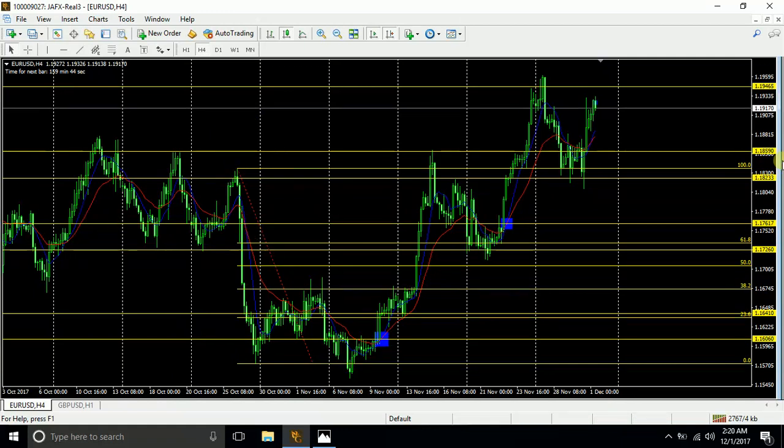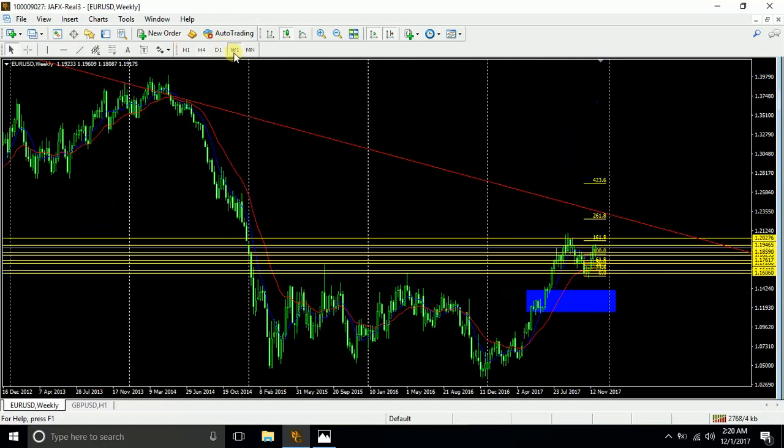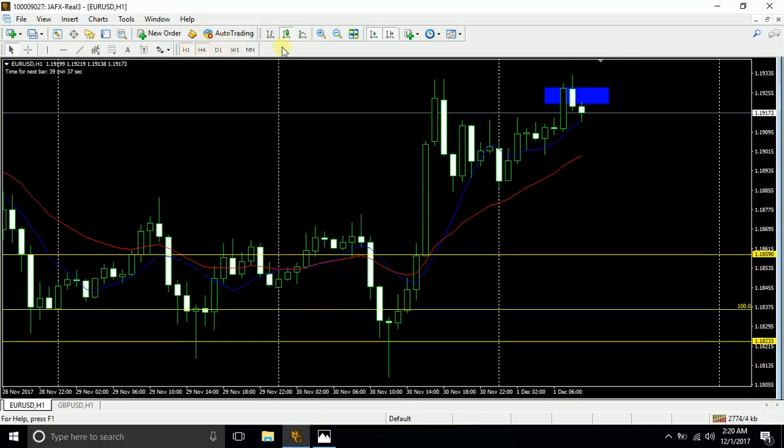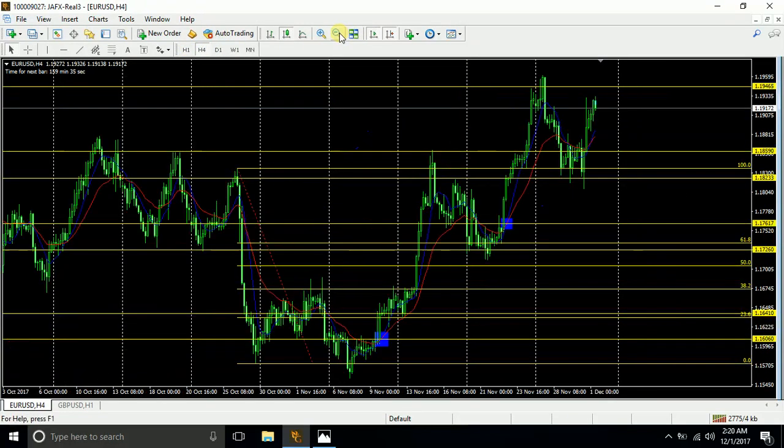Okay, and we're going wick to wick. Again, that's the 4-hour chart that you're using for your Fibonacci.